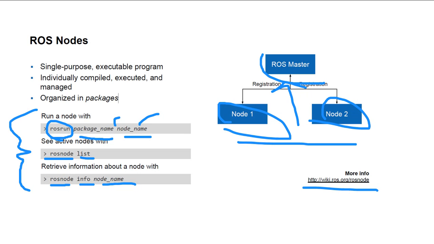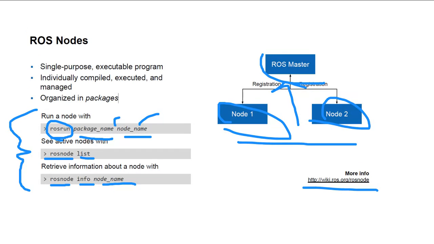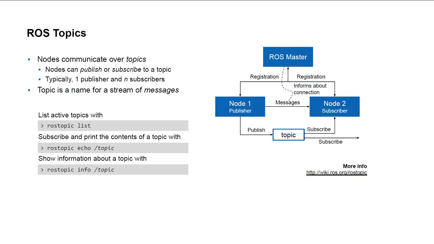Okay, in the next slide, we can see ROS topics. First we checked ROS nodes, next we check ROS topics. In ROS topics, nodes communicate over topics.